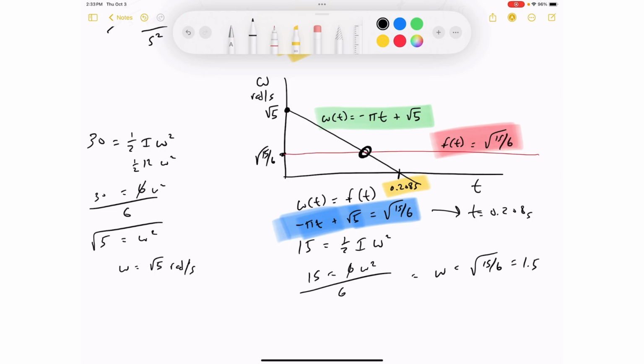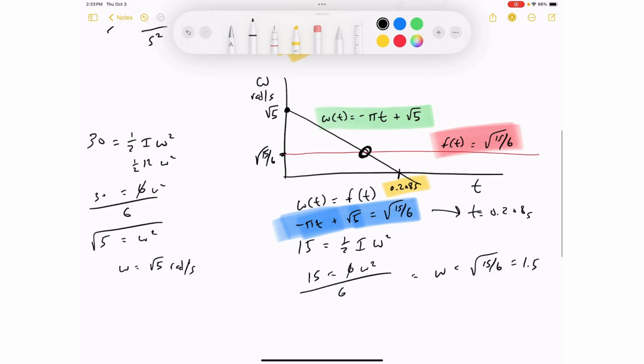Of course, if you keep letting it slow down, it's going to stop. And you could figure out when it will stop by setting omega t equal to 0, meaning zero velocity. So when does it hit zero velocity?